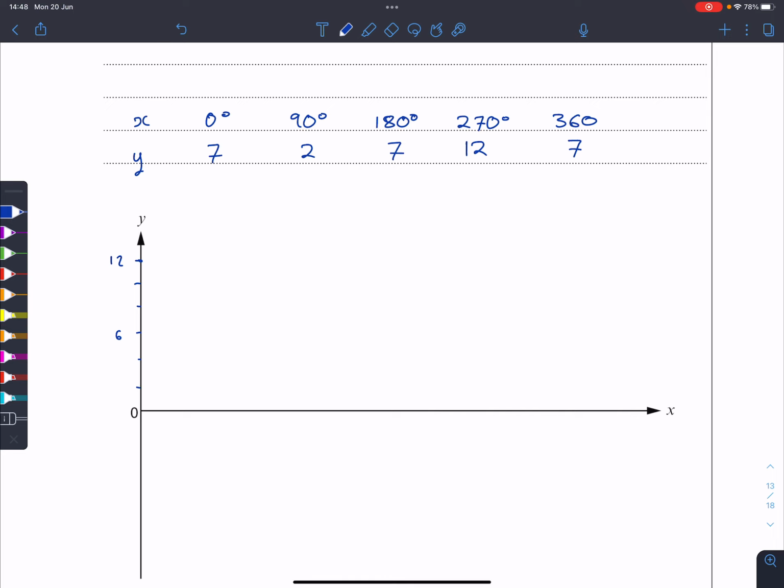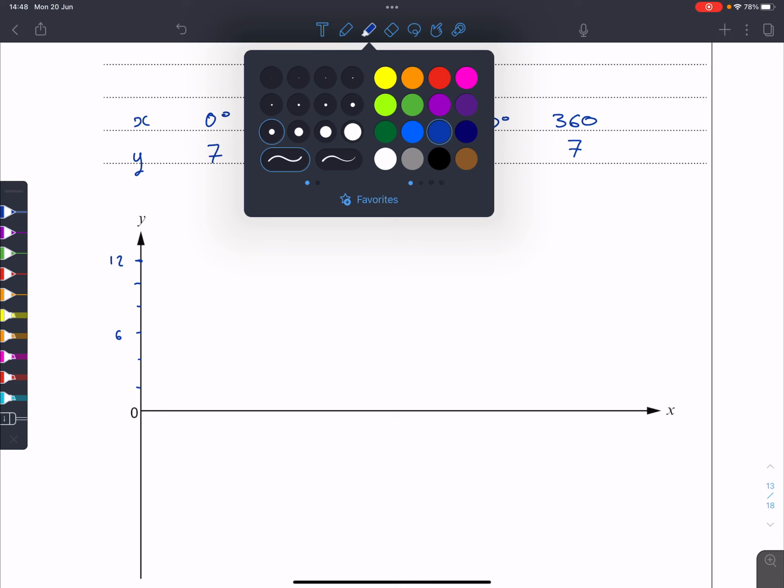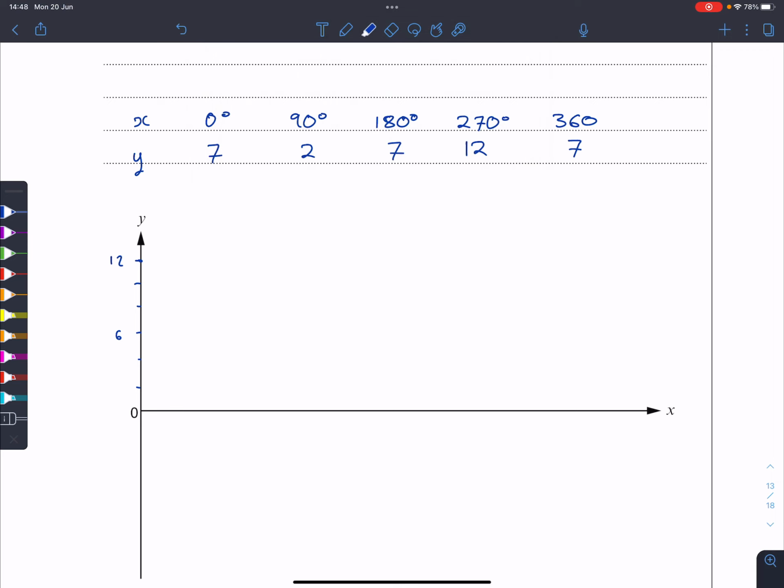Okay, so I've got that. So at 0, I'm going to plot the point at 7, so that is going to be by here.